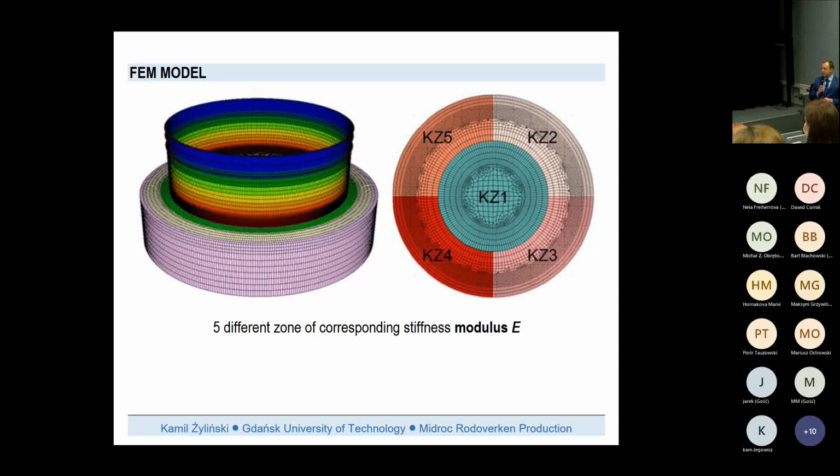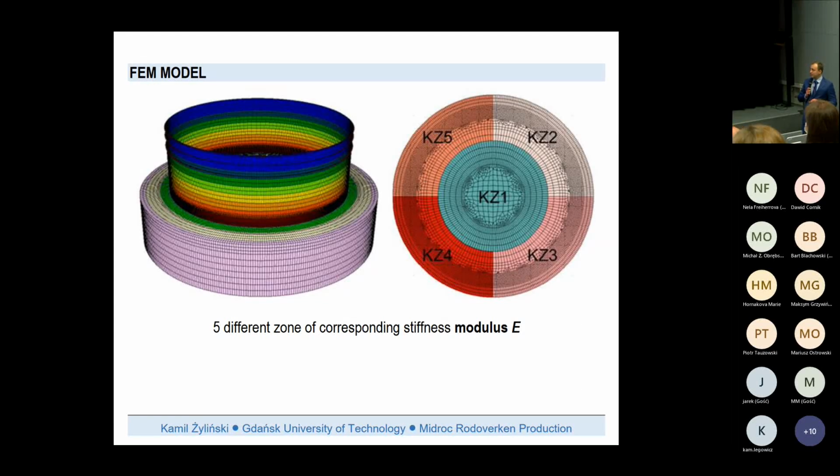Z-Soil, which is a dedicated software for soil and structure interaction. And we can see that these KZ parameters were evaluated upon the real measurements of the so-called boreholes, which were drilled during the field testing, and each KZ represents a different stiffness modulus.